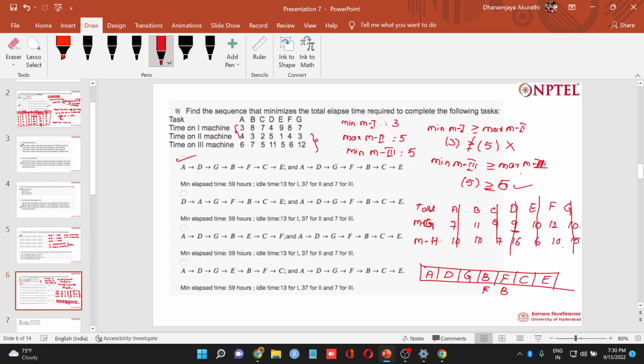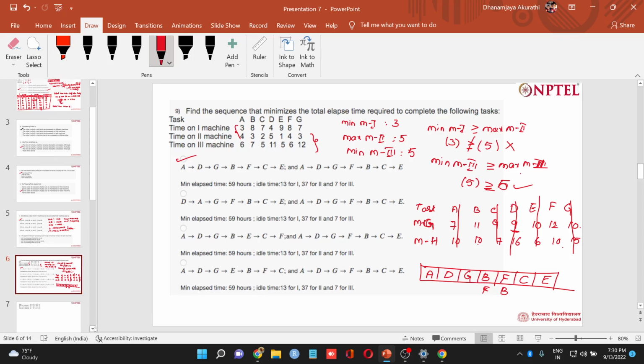Here it is coming from H, so first assign F at last. Why? Because the corresponding other job's value is highest for F. So in any of the sequences we can find out the total elapsed time and idle times for mission 1 and mission 2 and also mission 3. In that case, the total elapsed time may not change, but idle times may change.